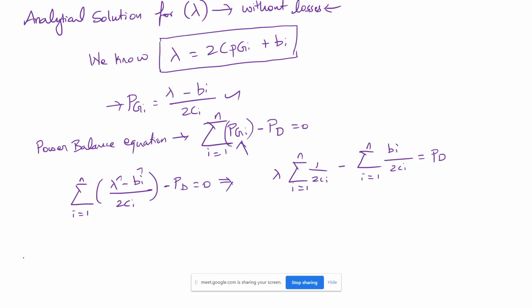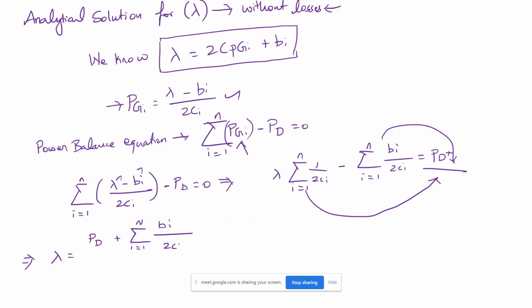From this equation, if I still want to find out the lambda, then lambda is equal to, this will come here, plus this will come here, and then it will come down in reciprocal. So if that is the case, then lambda is equal to PD plus summation i equal to 1 over n of bi divided by 2ci, whole divided by summation i equal to 1 over n of 1 divided by 2ci.